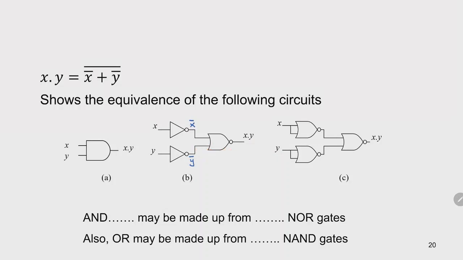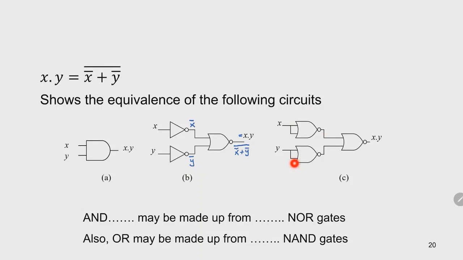What I end up with is x bar NOR y bar, which equals our AND operation. We can build this using purely NOR gates.